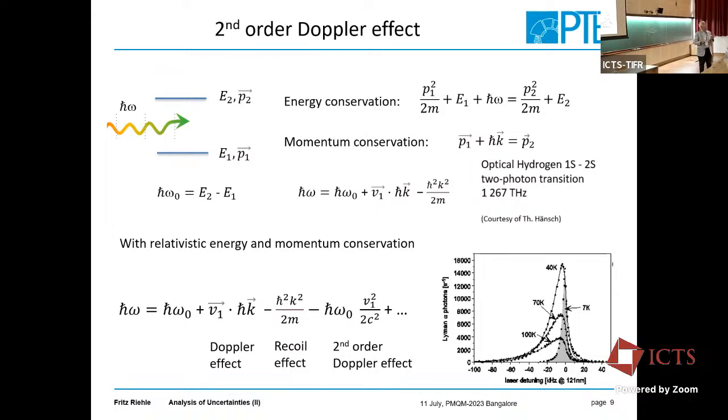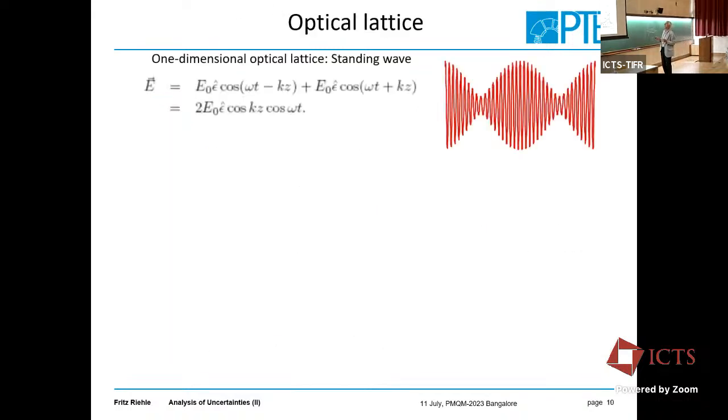This is not a nice thing for a frequency standard, and it's clear, according to the discussion we had a minute ago, that finding the maximum of the transition is not easy. It's not allowed to take the maximum because this depends on the second order Doppler shift. You have to allow for corrections.